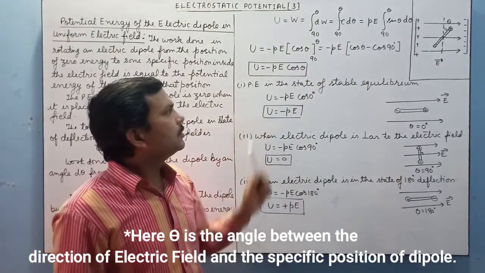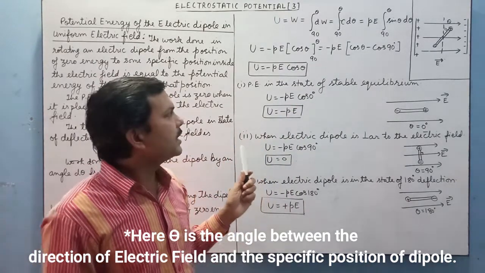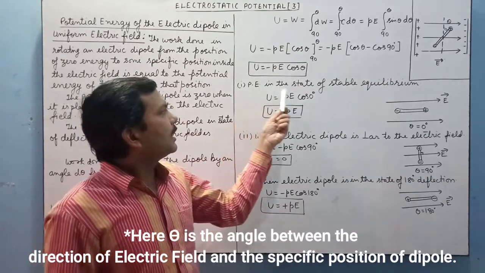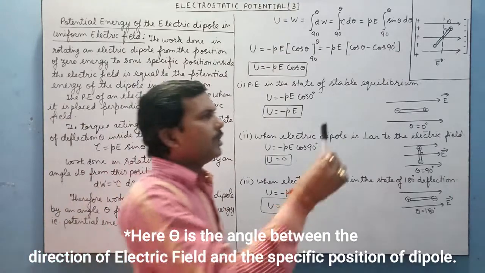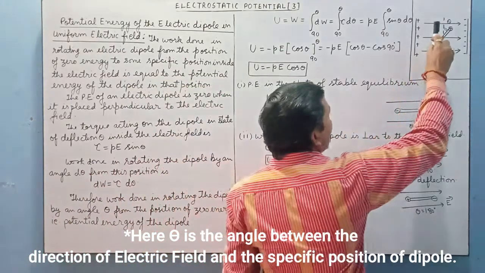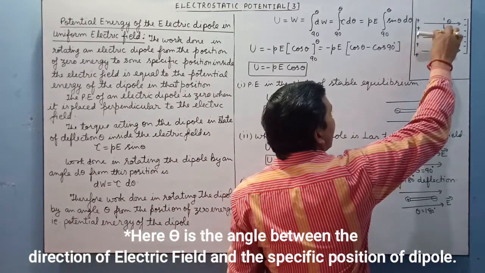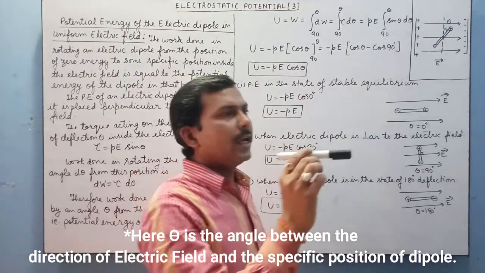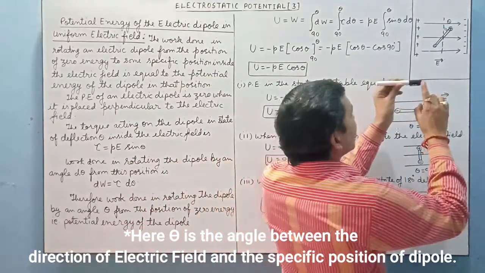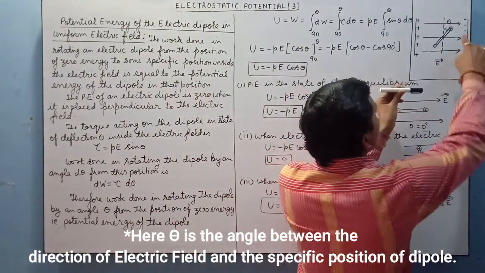First, we will see some special cases here. The first is the potential energy in the state of stable equilibrium. If you leave the dipole here in the electric field, it will rotate like this and align itself along the direction of the electric field with its positive charge facing towards the negative plate.